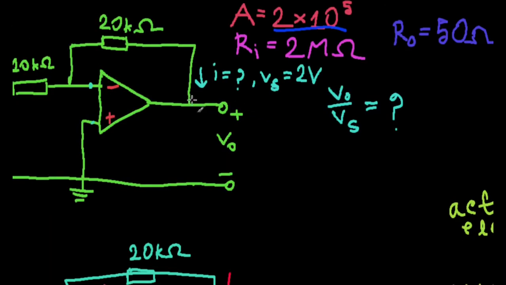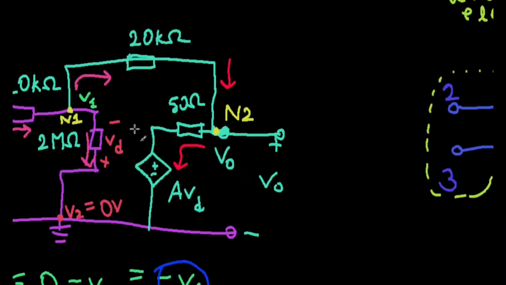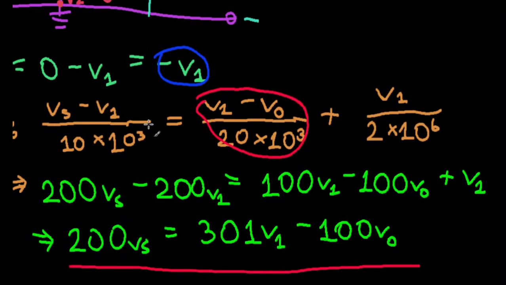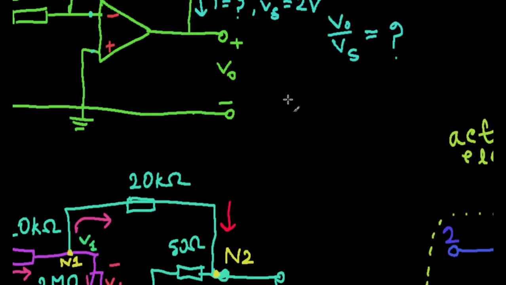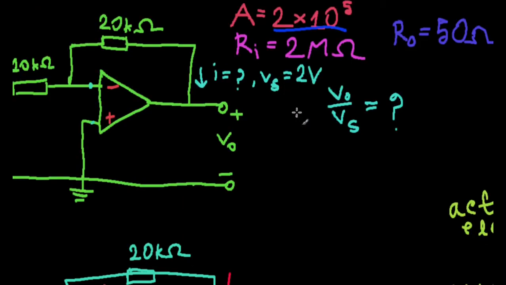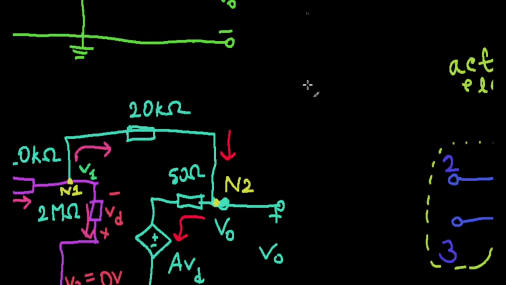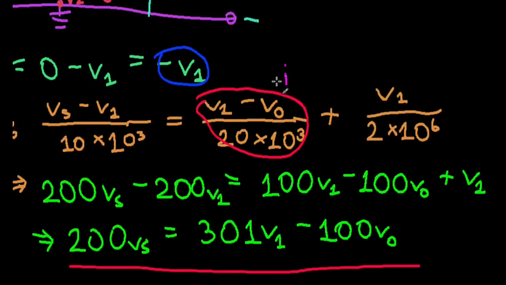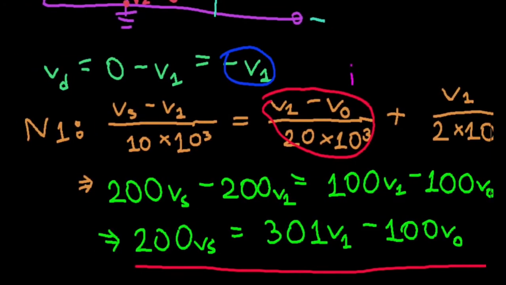Also, we can easily find I. Okay, so I is basically this current. We have the formula for that, right? This is actually I. And it's not difficult, given we have Vs. Since we have Vs, from that ratio we can find V naught, and we can also find V1, right?